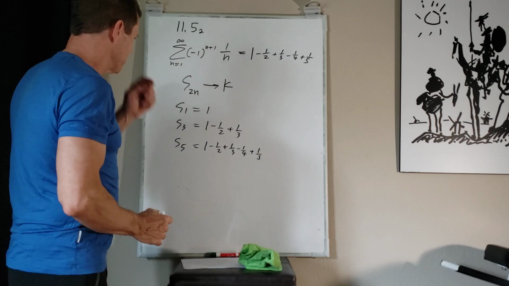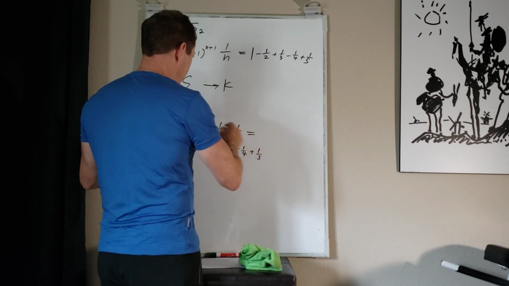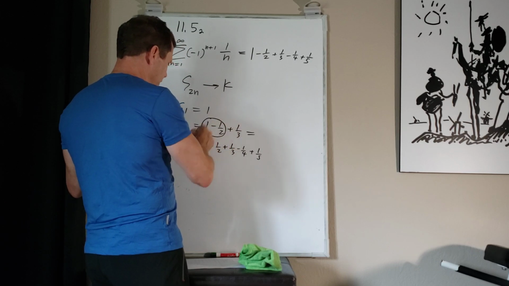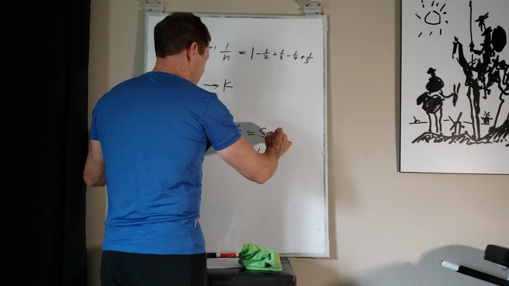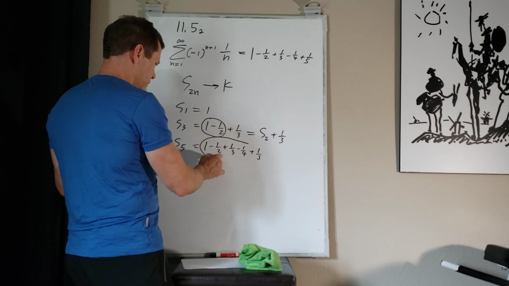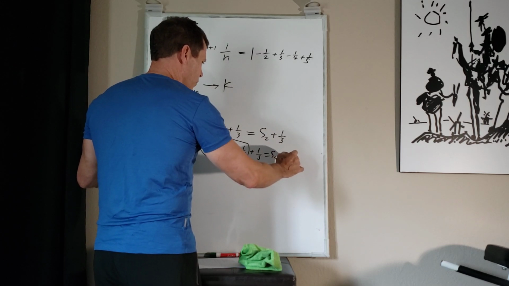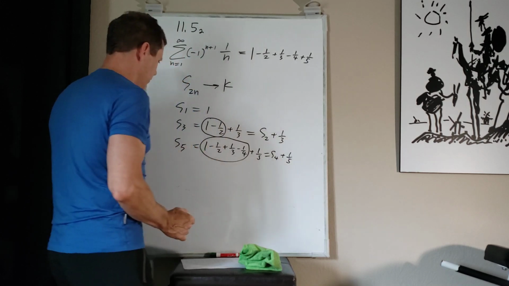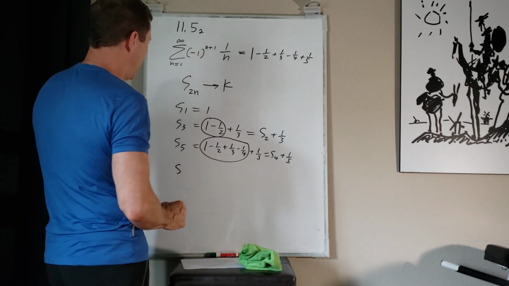Now if we look at that, what's S3? Look at this piece right here. What is that? That's S2. It is S2 plus 1/3. What's this? That's S4 plus 1/5.